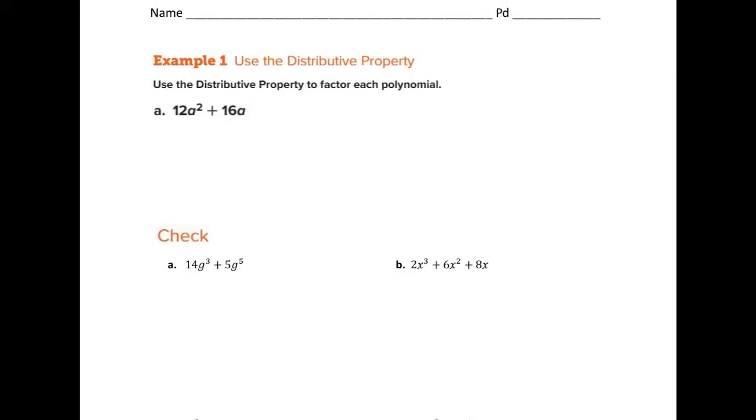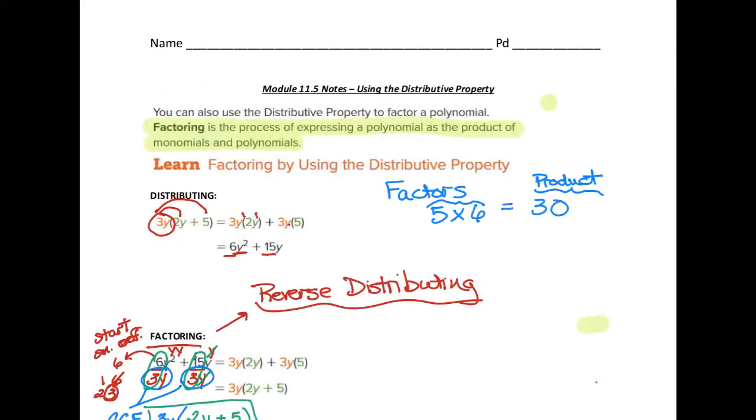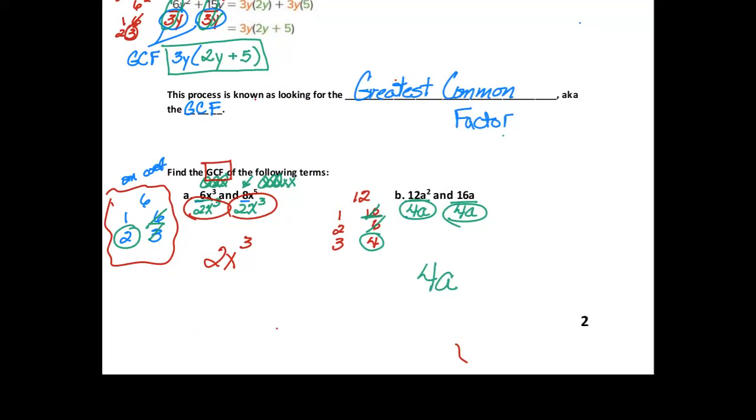Now we are actually going to factor. Okay, we found the greatest common factor. Now we're going to factor and say, okay, if I divide by that factor, what do I have left? So we just had, if you look over here, 12a squared and 16a.